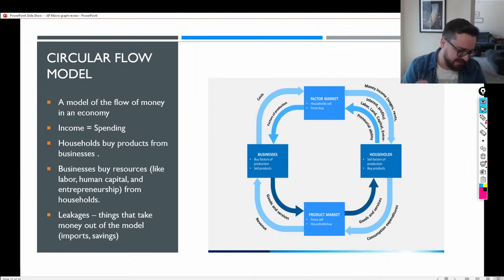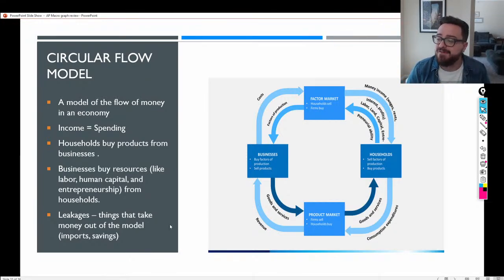The ones that AP exams have asked about before are things like imports and savings. Because if you import goods from another country, where does the money go? You buy a good from another country, the money goes out. It does not go back into your economy guaranteed. It goes to that economy. So importing goods is a leakage from the circular flow model because it's the flow of money in your economy. If you're buying things from another country, money's going there, it's leaving. That's a leakage.